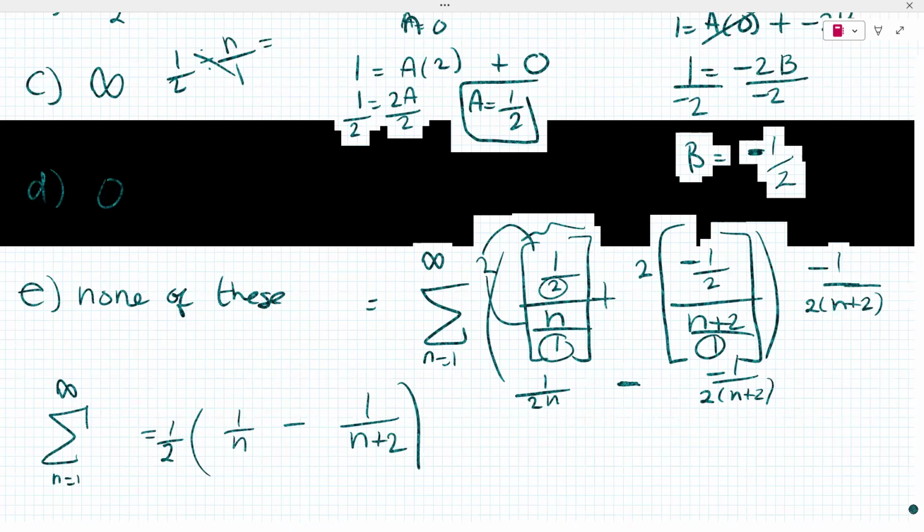So you start plugging it in when n equals one, and then n equals two.